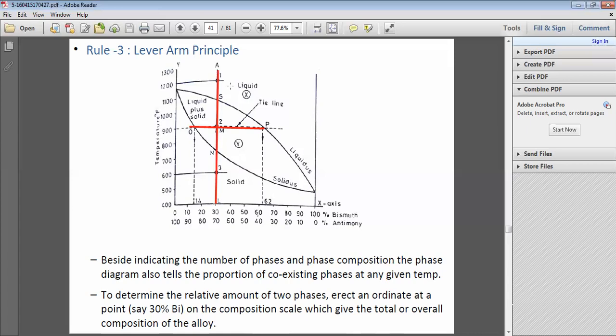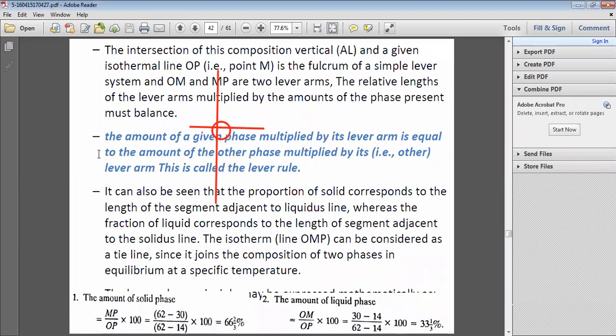This M point in the center is the fulcrum over which these two arms OM and MP act. Another point is that the relative length of these arms multiplied by the amount of phase present must balance.